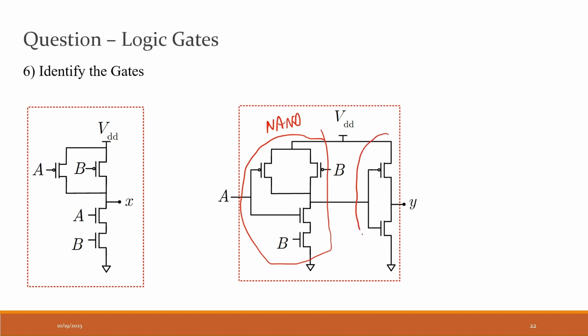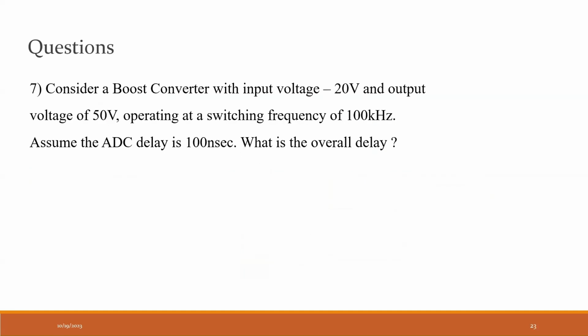And this corresponds to a NOT gate. So effectively, this is an AND gate. Okay. So the NAND gate is realized using 4 transistors, and the AND gate is realized using 6 transistors. Okay. So this is one case.